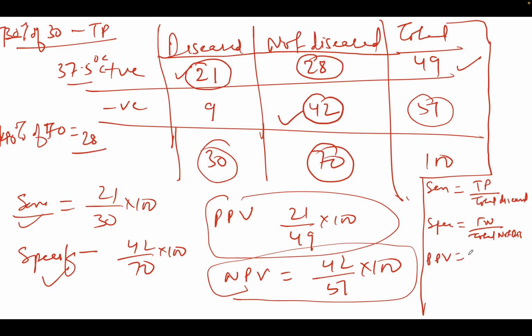Positive predictive value is true positive out of total positive predicted by the test. Negative predictive value is true negative out of total negative predicted. This is the basic difference: the only difference is the denominator of sensitivity and positive predictive value, and the denominator of specificity and negative predictive value. So this is the way such questions are solved, and it becomes very easy.